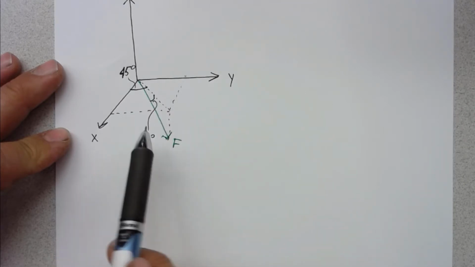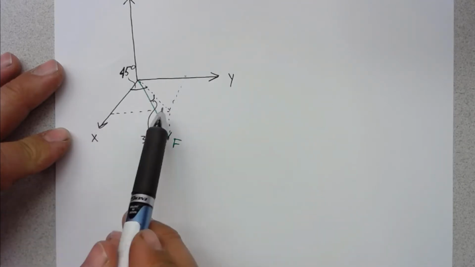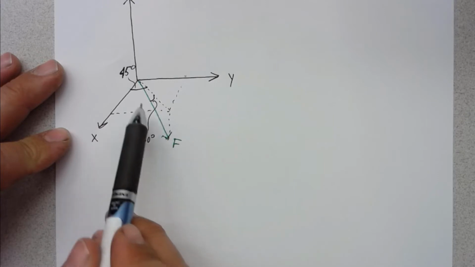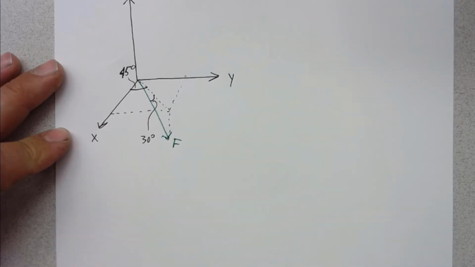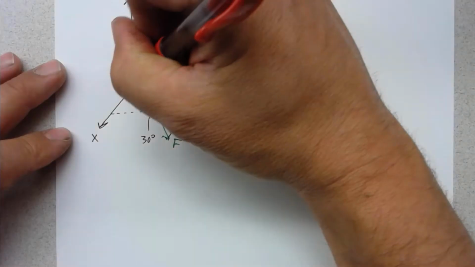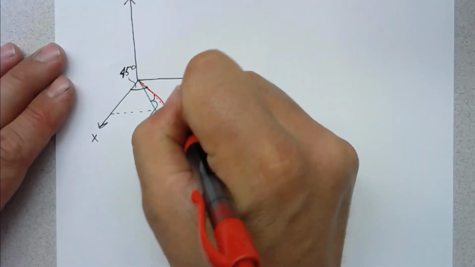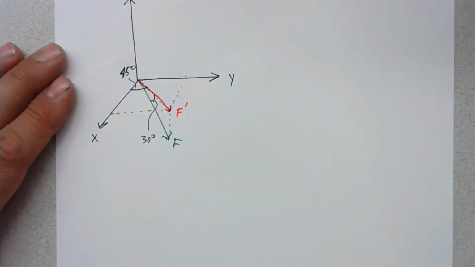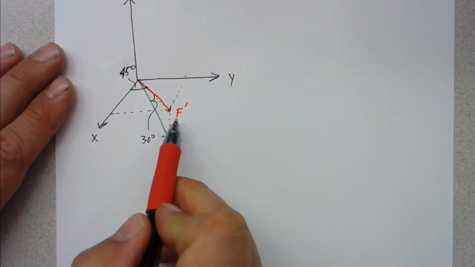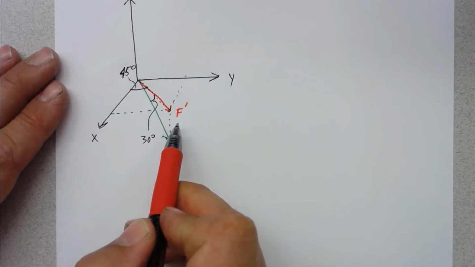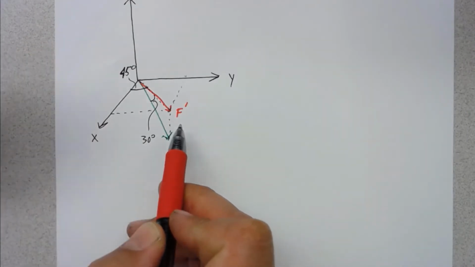In this case, we have an angle that doesn't go to the vector itself. It goes to the projection of the vector onto the xy plane. So we're going to break it into this guy, which lies in the xy plane, and I would call this typically F prime. F prime is not at all what we're looking for. It's a stepping stone to what we're looking for.